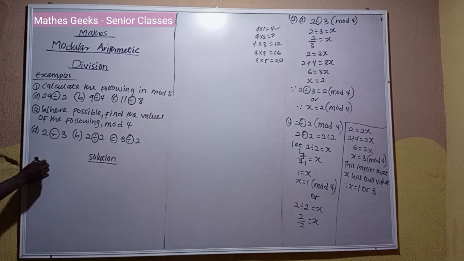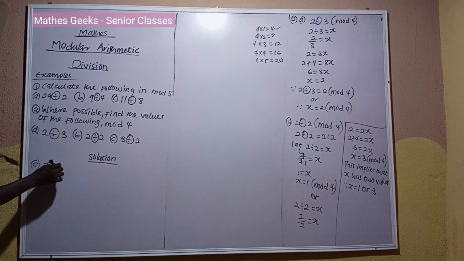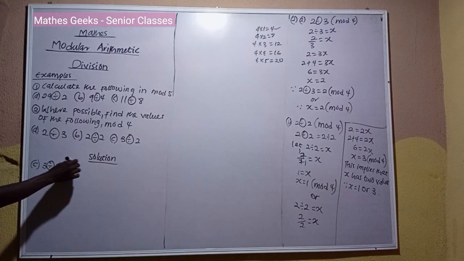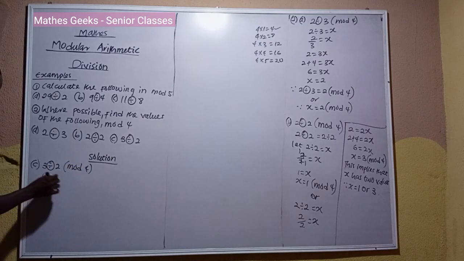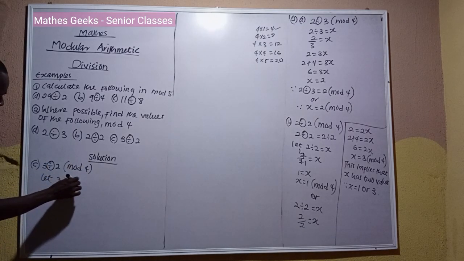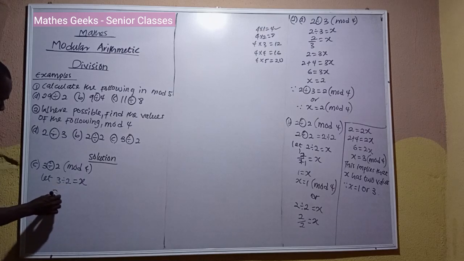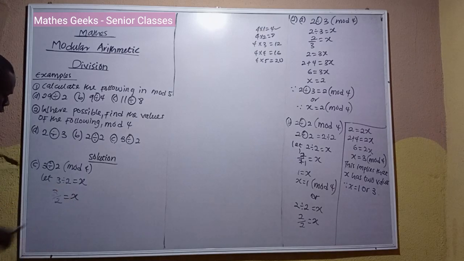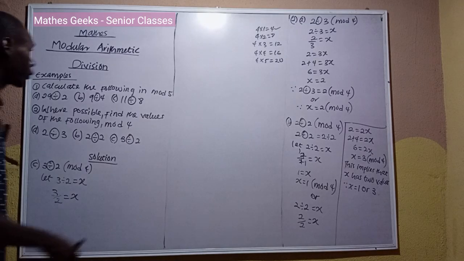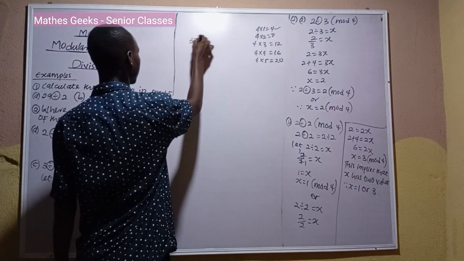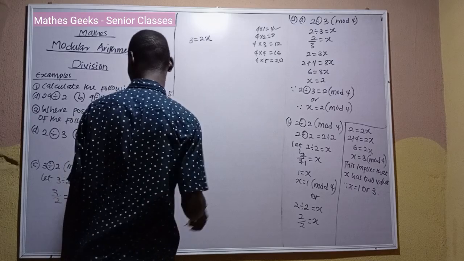So now, 3 divided by 2 in mod 4. Let 3 divided by 2 equal x. 3 over 2 equals x, and 3 is equal to 2x.